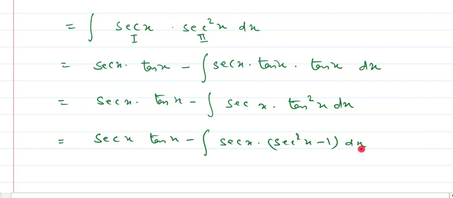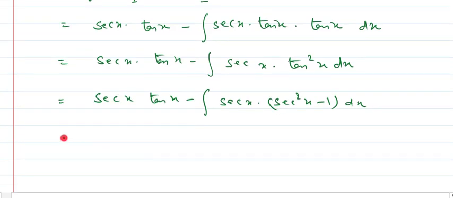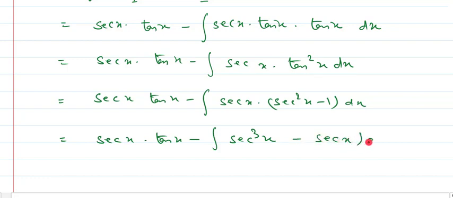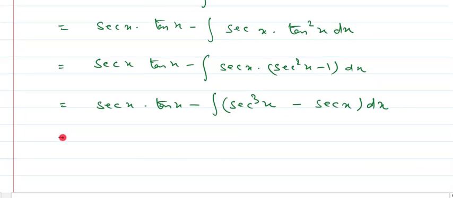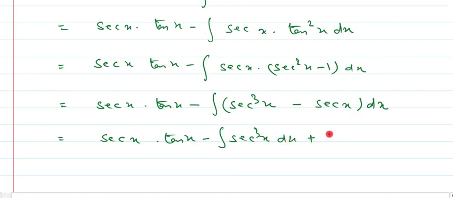Okay, now multiply this secant x inside the bracket: secant x into tan x minus integration of secant cube x minus secant x dx. Now segregate the two terms and separate them into two integrals. So secant x into tan x minus integration of secant cube x dx plus integration of secant x dx.